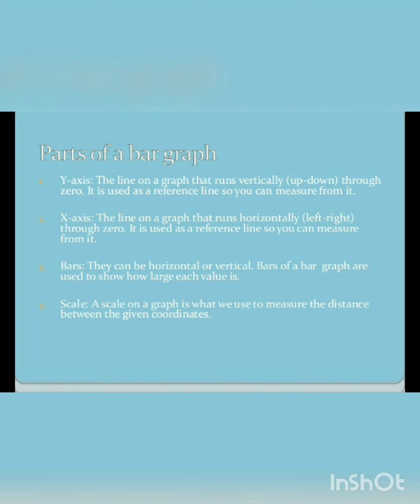It is used as a reference line so you can measure from it. Bars, they can be horizontal or vertical, are used to show how large each value is. And the scale on a graph is what we use to measure the distance between the given coordinates.